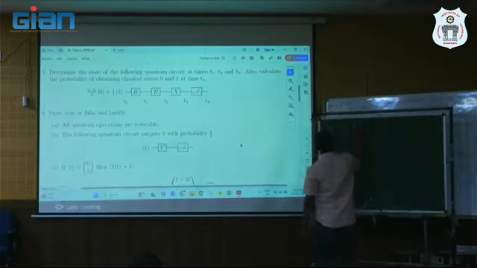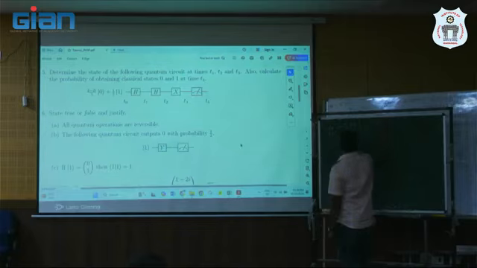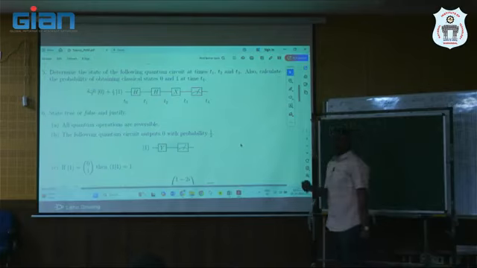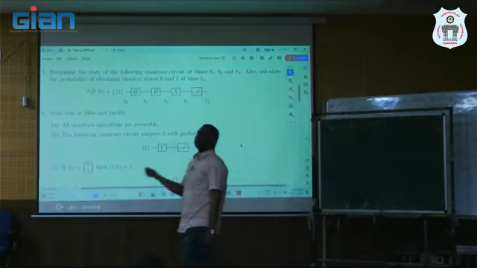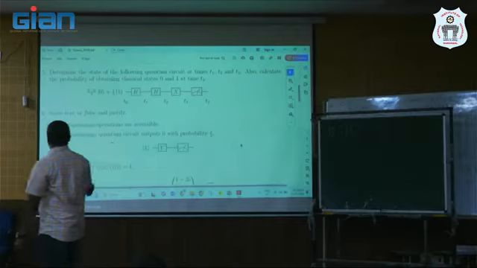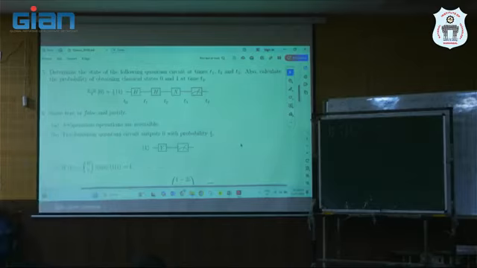What do we get? i times 0 0, which is minus ket 0. But something else is given there. Probability 1 by 2. So what is the probability with which we get 0? It is 1. 1 by 2 is not correct.